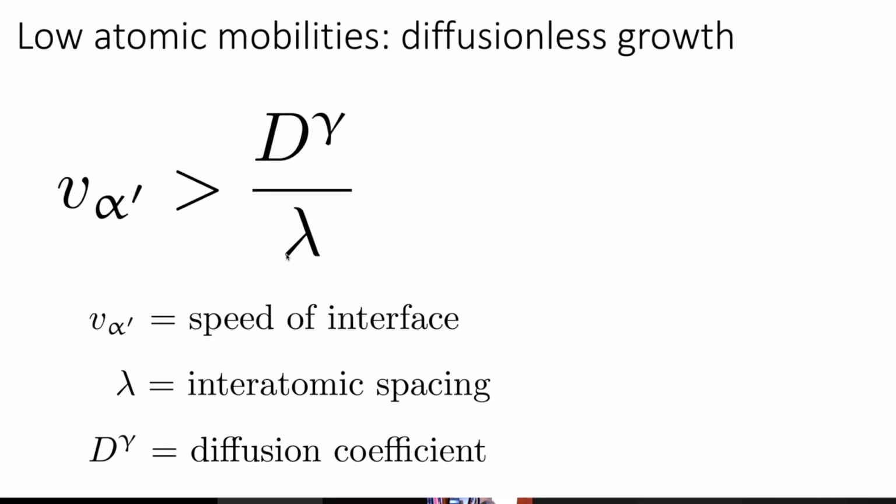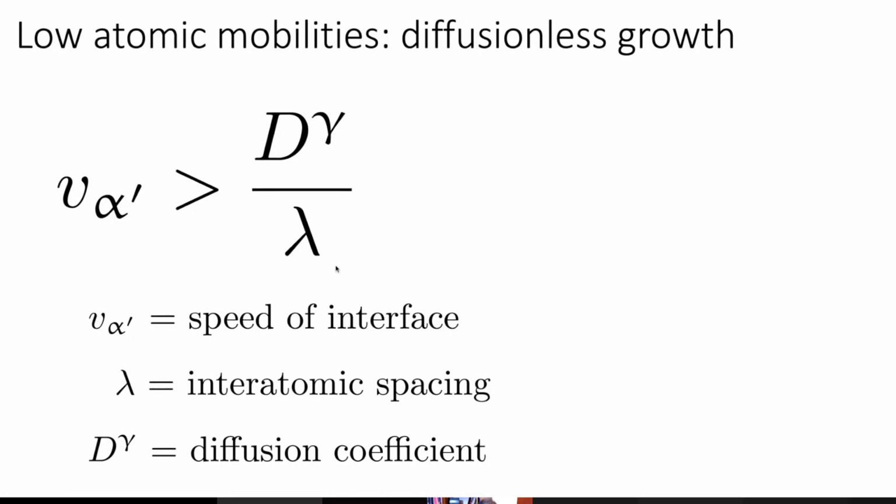So the units of a diffusion coefficient are meters squared per second, and the units of spacing are meters. So if you divide meters squared per second by meters, you get a velocity or a speed, which is meters per second.